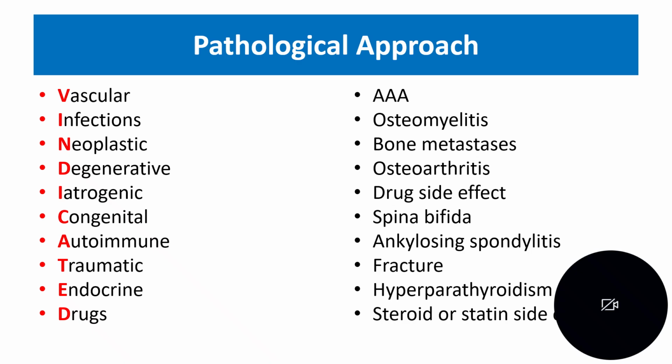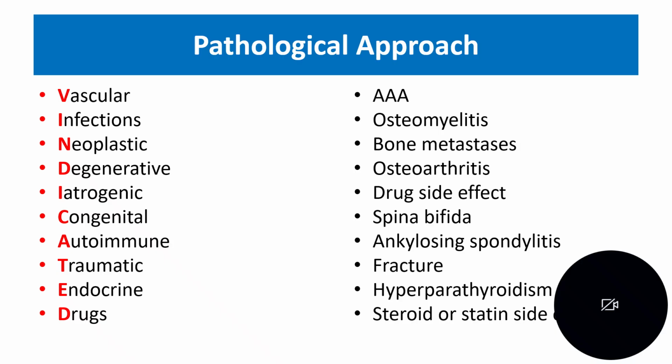Okay, so next we're going to use the pathological approach to generate a whole heap of differential diagnoses. I introduced you in trimester 2 to the mnemonic VINDICATE. I'm adding a second D, so the current mnemonic is VINDICATED, and I'll explain why I'm doing that. So V is for vascular.